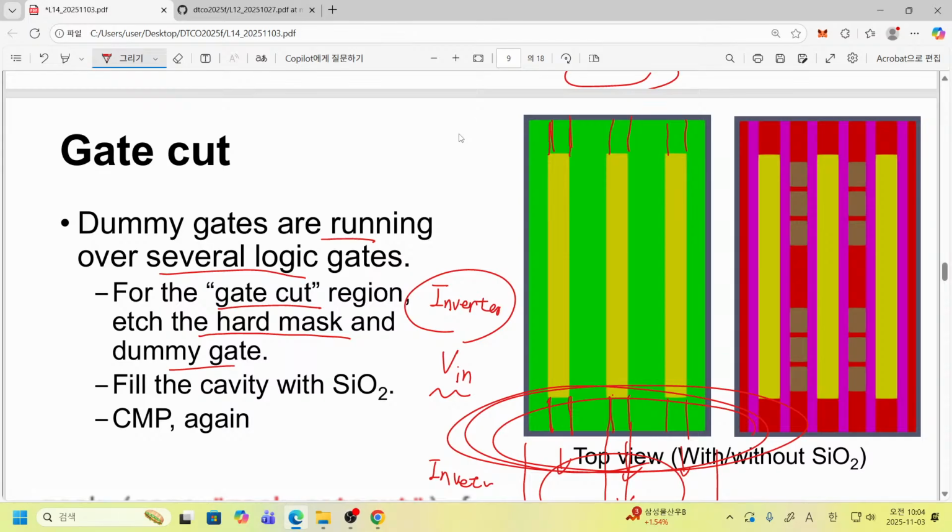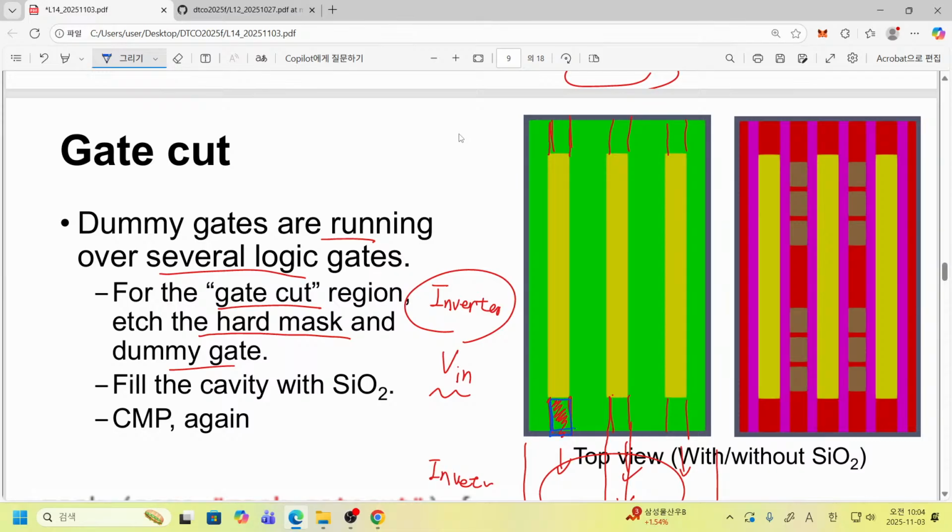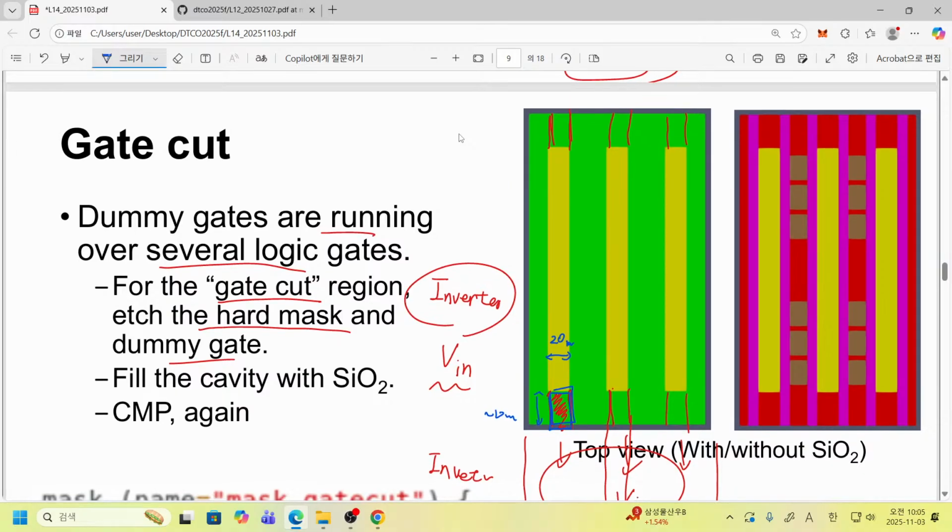Then can we just selectively, let's say that here we have a hard mask, and select only this one? Is it possible? It's not possible, because this is just 20 nanometer wide, and it is also around 20 nanometer. We cannot pattern that kind of quite small sized dot in this technology.